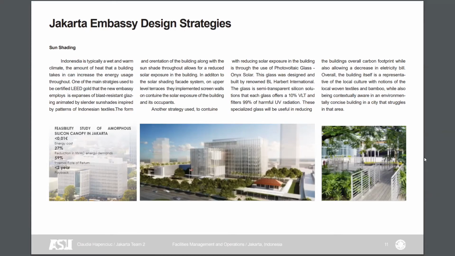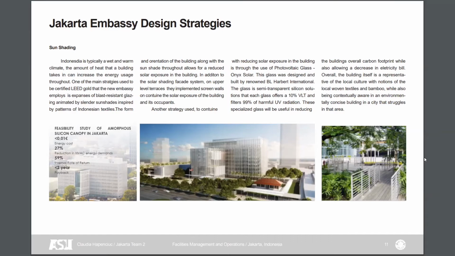And then they also put a specific type of glass, the photovoltaic glass, to be specific, to help with the UV radiation as well as the VLT. And it also helps reduce the carbon footprint.